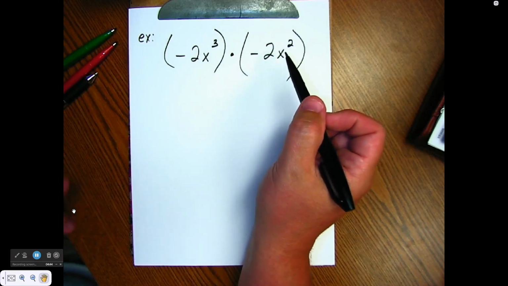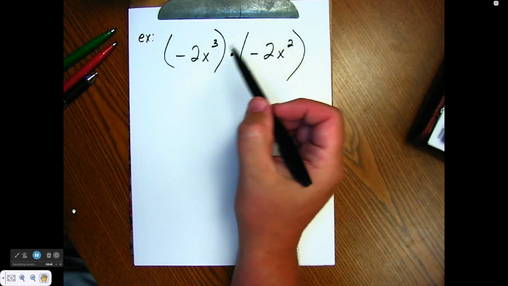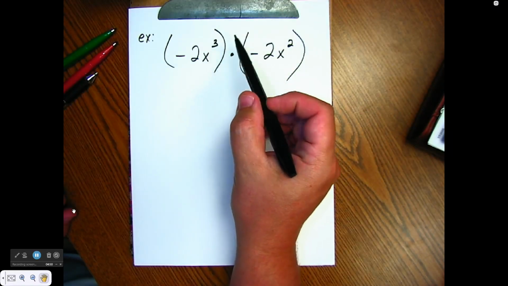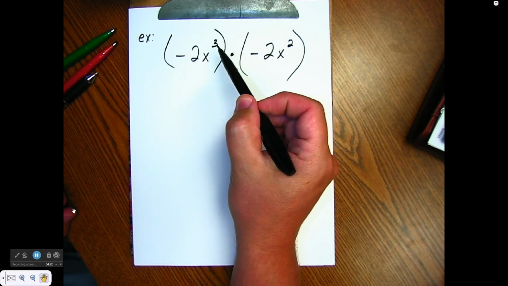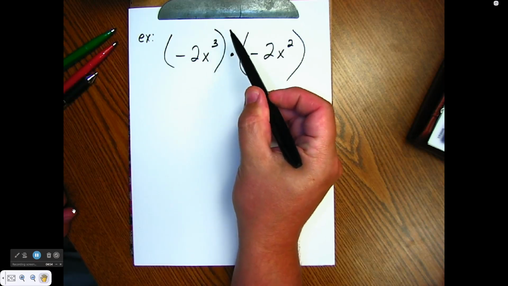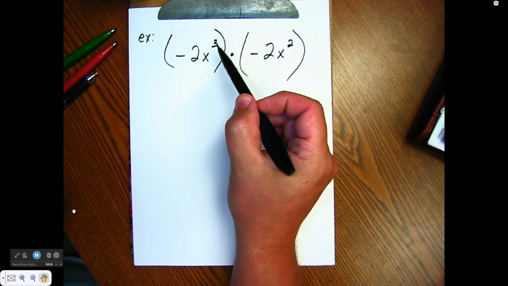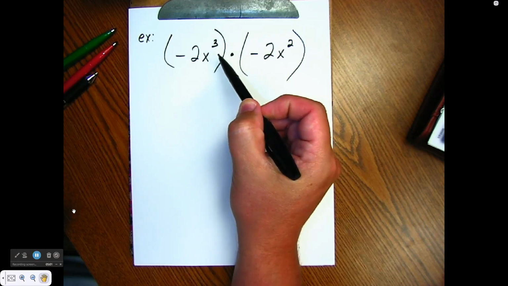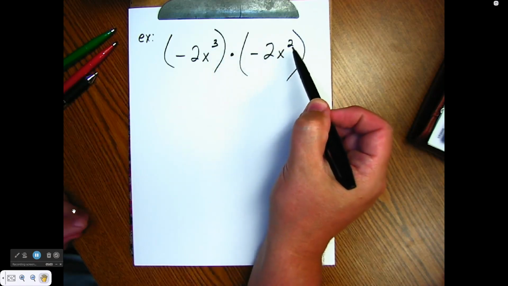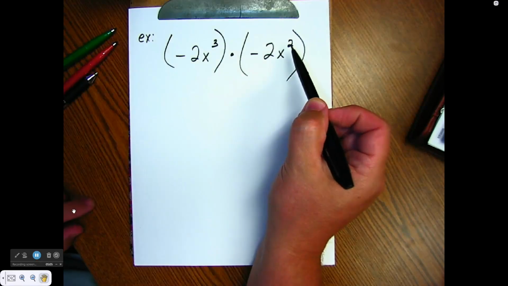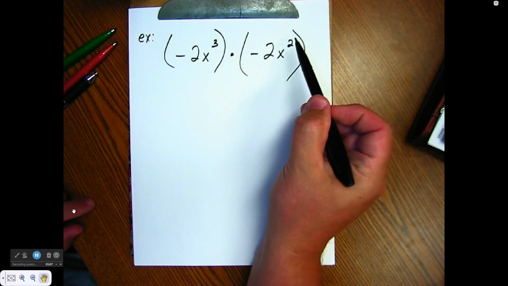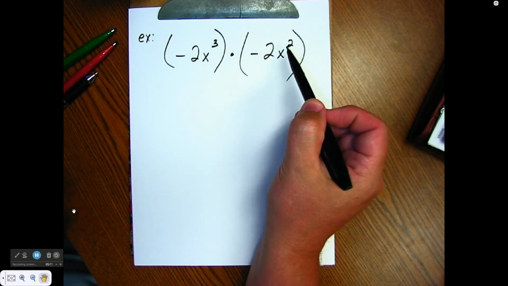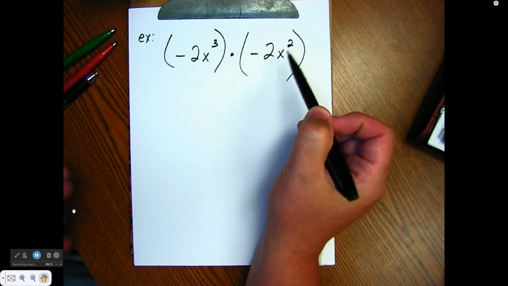The first thing that I need to point out is look where the exponent is located in this first quantity. It's inside of the parentheses, not on the outside, which means it's only pertaining to the x. Same in the next quantity. See this exponent of a 2? It's on the inside of the parenthesis, which means that it only affects the x.